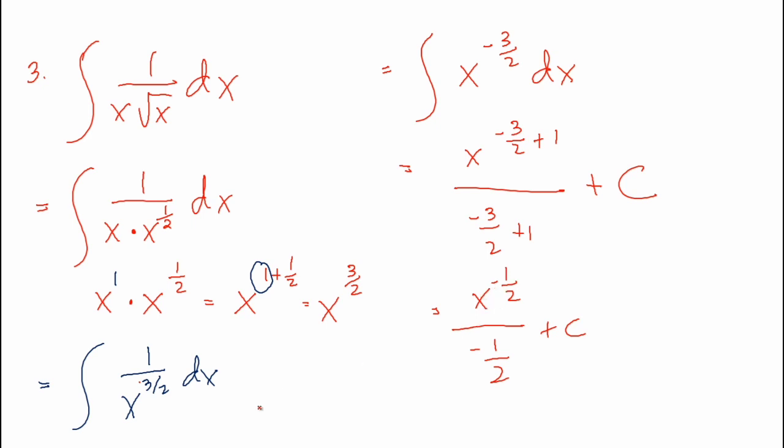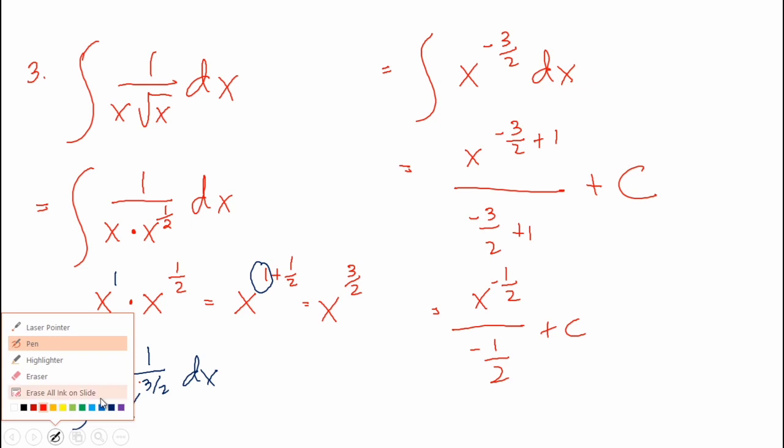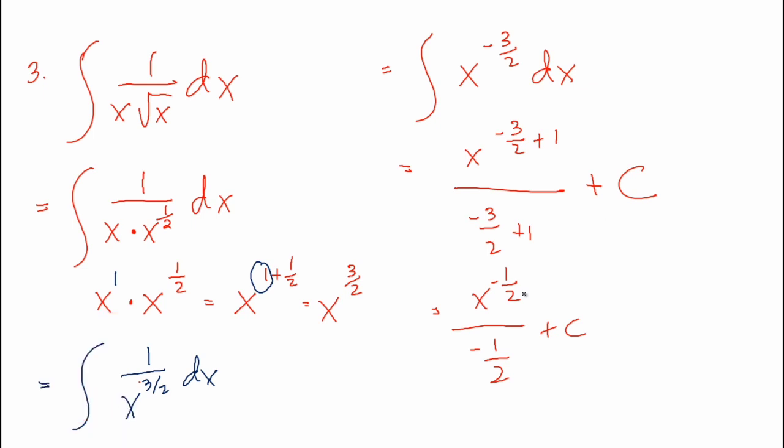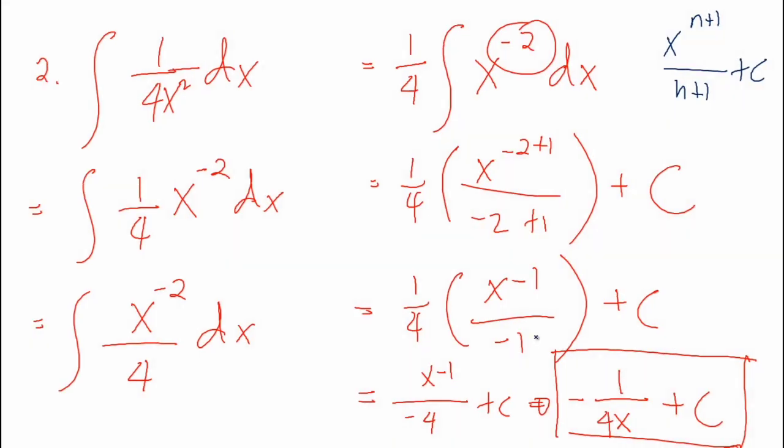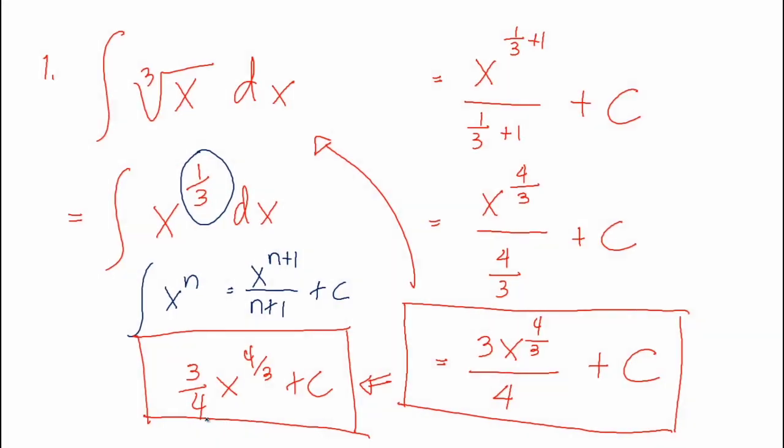The x raised to negative 1 half here, we can rewrite as square root. But that is negative 1 half as your exponent, so you have to transfer it to your denominator, and your denominator also is negative 1 half, just like the previous example.